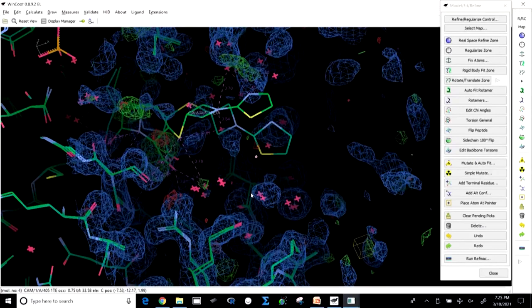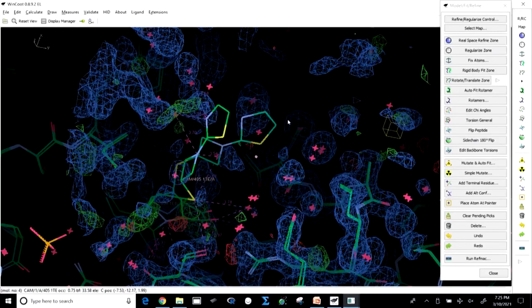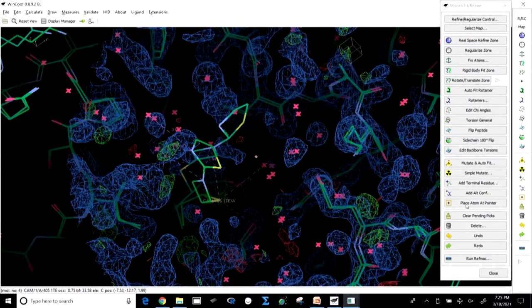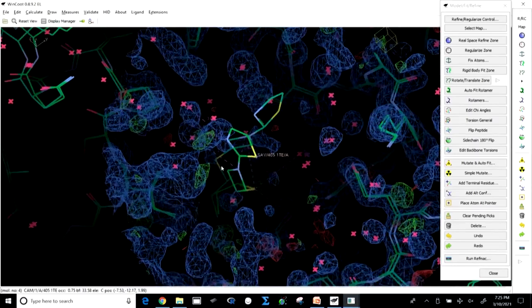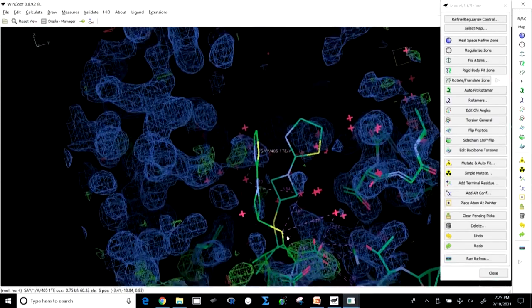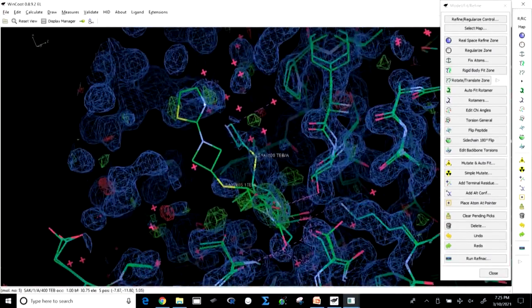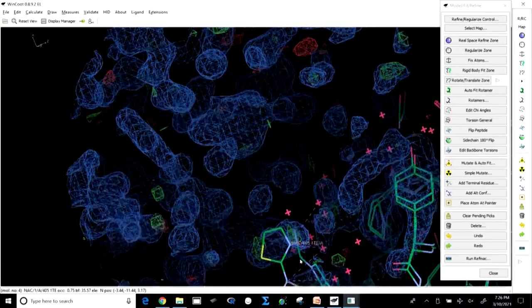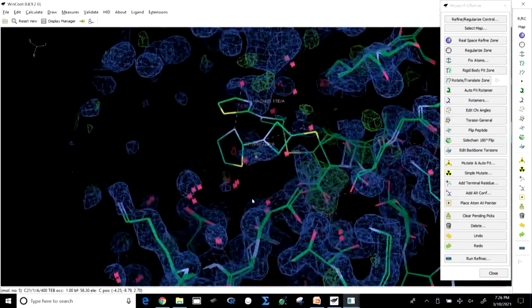So, as I was talking about, you will also understand that this part is not interacting with the protein, because if you go to Measure, Environment Distances, you already have set up and everything is there. Now, you come here and you clearly see that after this C2, there are very few interactions. There are few interactions with the water molecules, but in actuality they have no interaction.